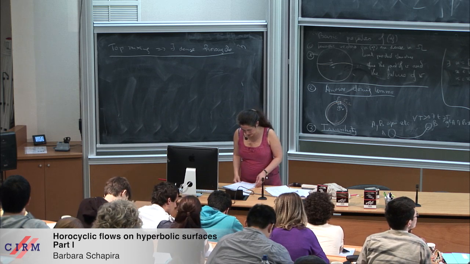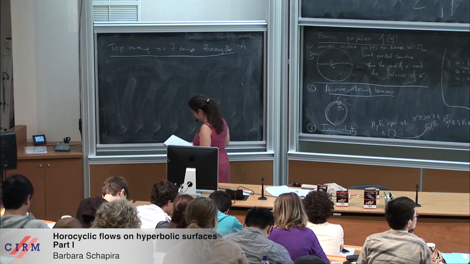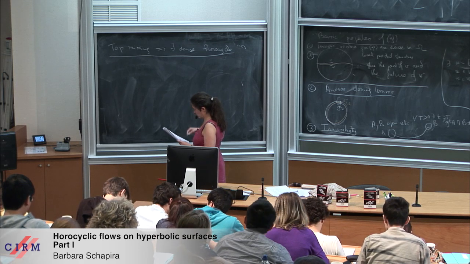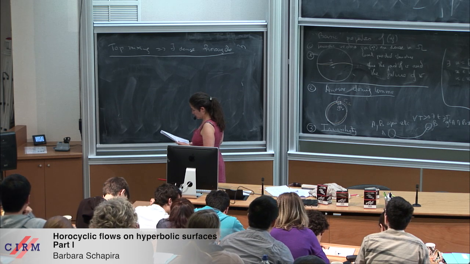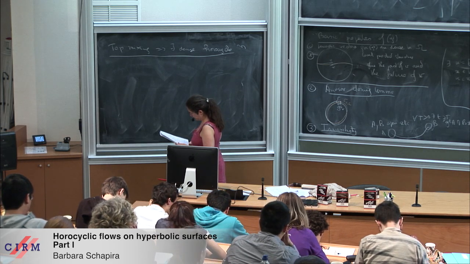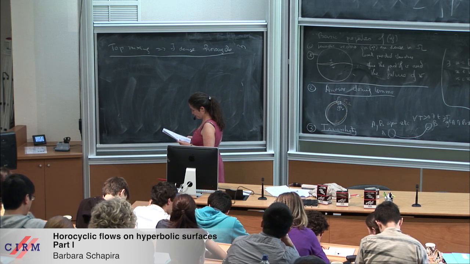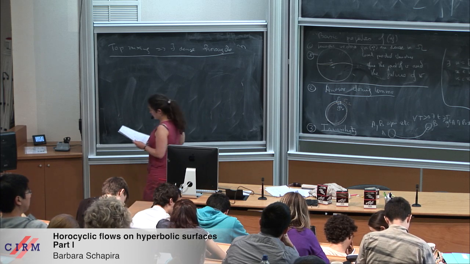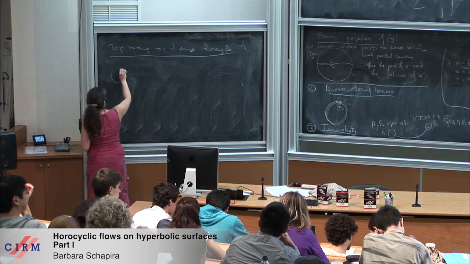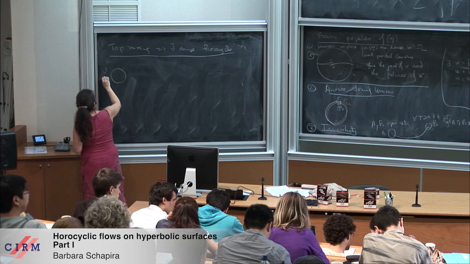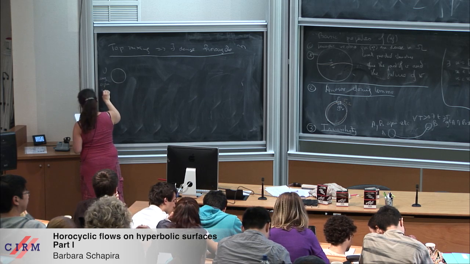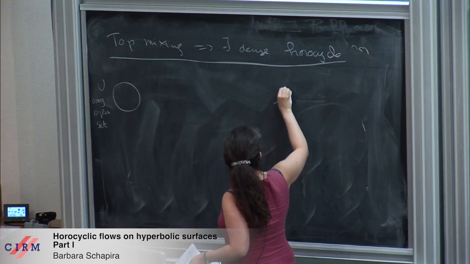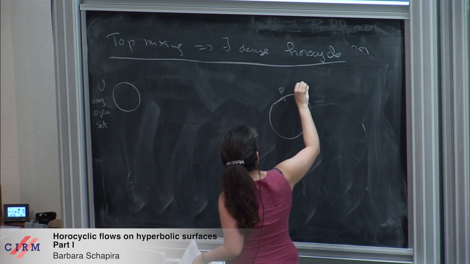So how does it work? Take U, which is any open set, and take P, which is a periodic vector.